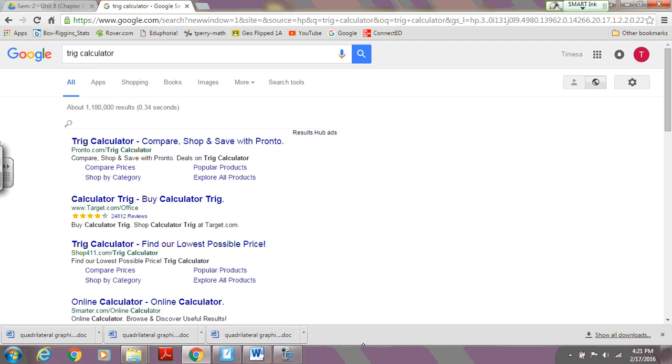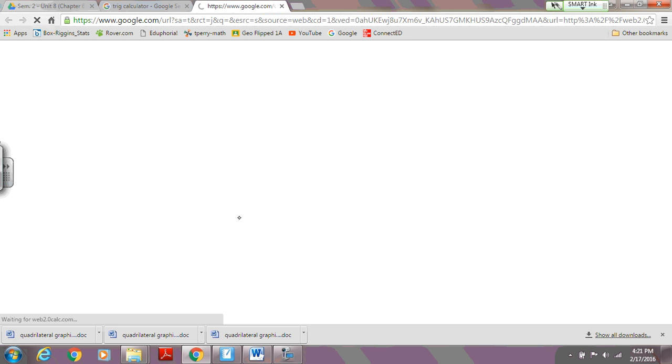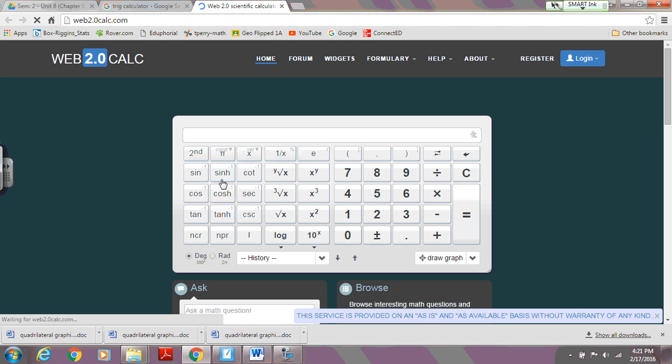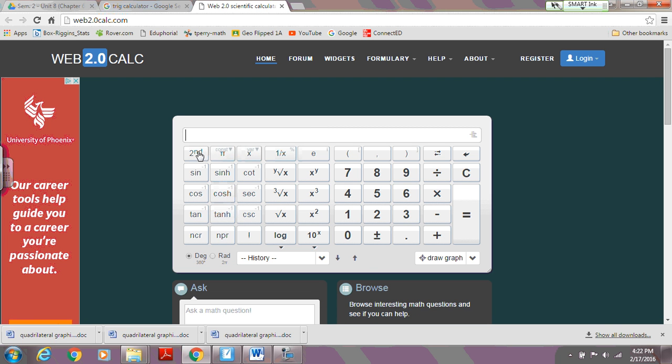And Web 2.01 is pretty darn nifty. Free, free, free. Alrighty. So I need second cosine. And then you need to unclick second in order to type the thing again.